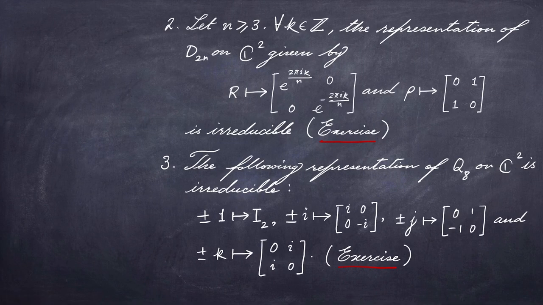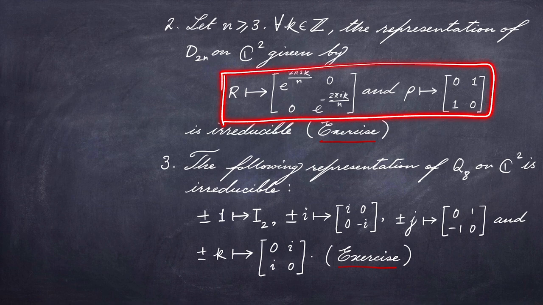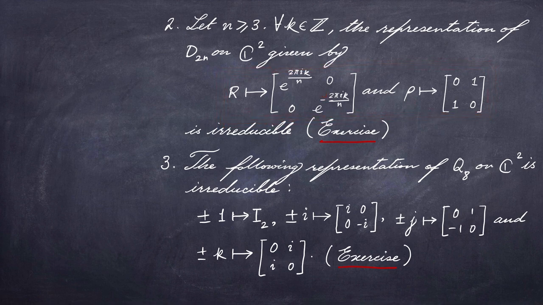The second example is the following representation of this dihedral group. I would like to leave it as an exercise: this representation, given by sending r to this matrix and rho to this matrix, is a representation of this dihedral group on C^2, and it is left as an exercise to you that this representation is indeed irreducible.